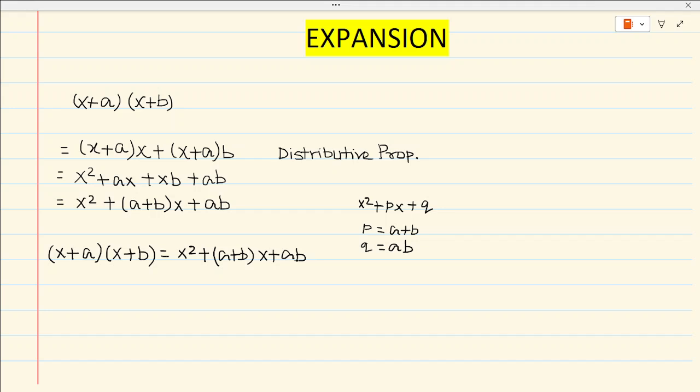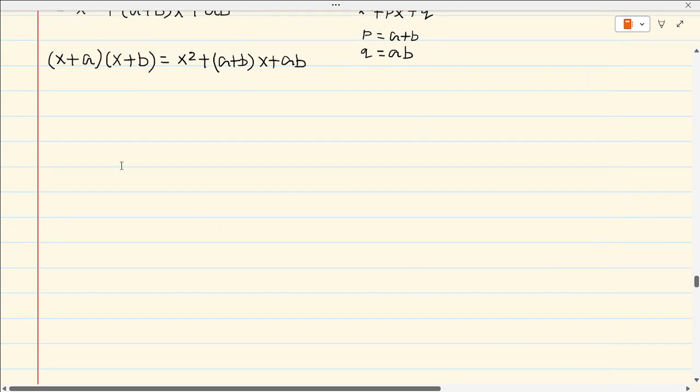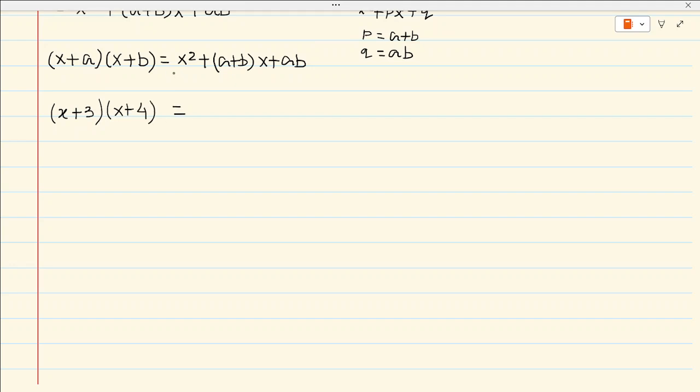In the same way, we can take up the products of other forms. I want to show you by examples. If we are asked to multiply x plus 3 by x plus 4, directly you can write by following this formula.